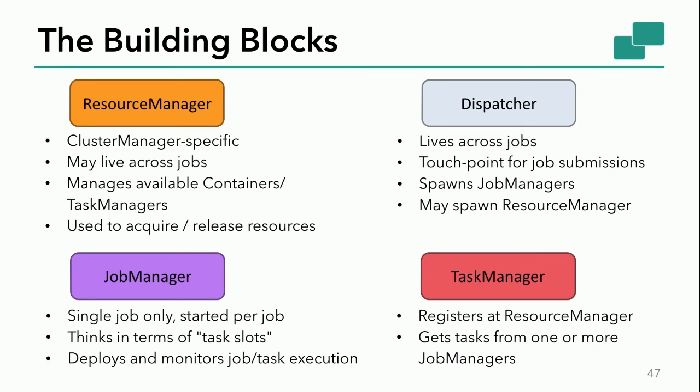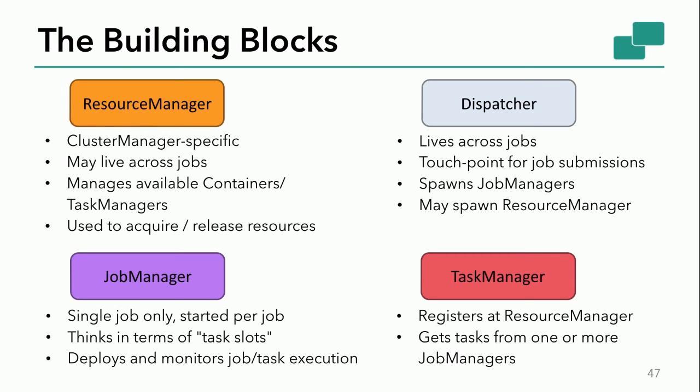The goal here is to have a much better separation of concerns and to make it much easier to adapt this collection of services to different environments. So the job manager now will only be responsible for one job, period. And it's started up by the dispatcher.